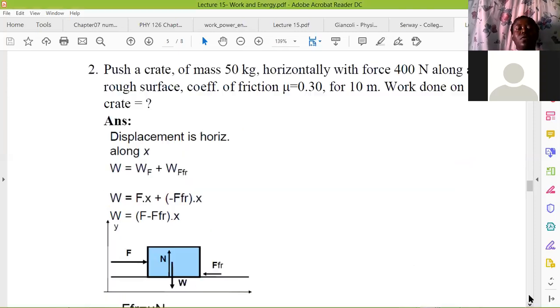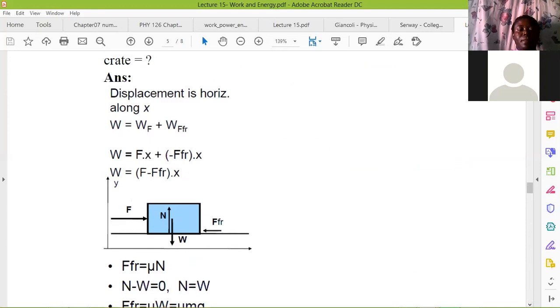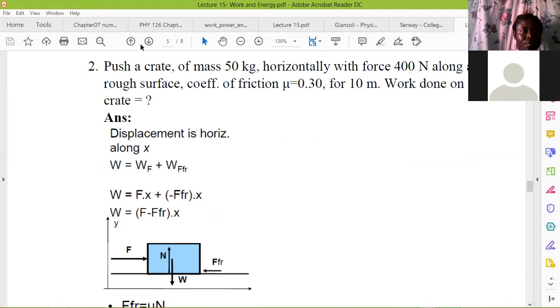Okay, so as you can see on this example, we have that you are pushing, like writing is better. Okay, so you have a crate.